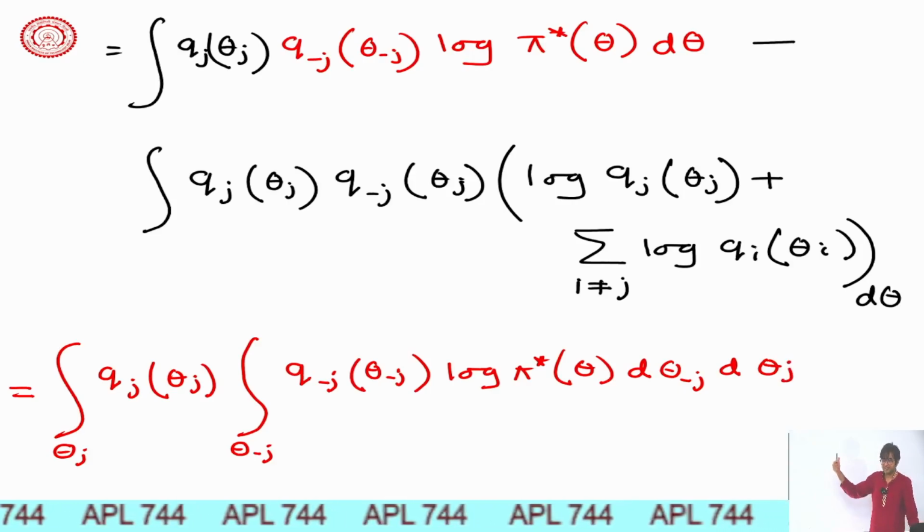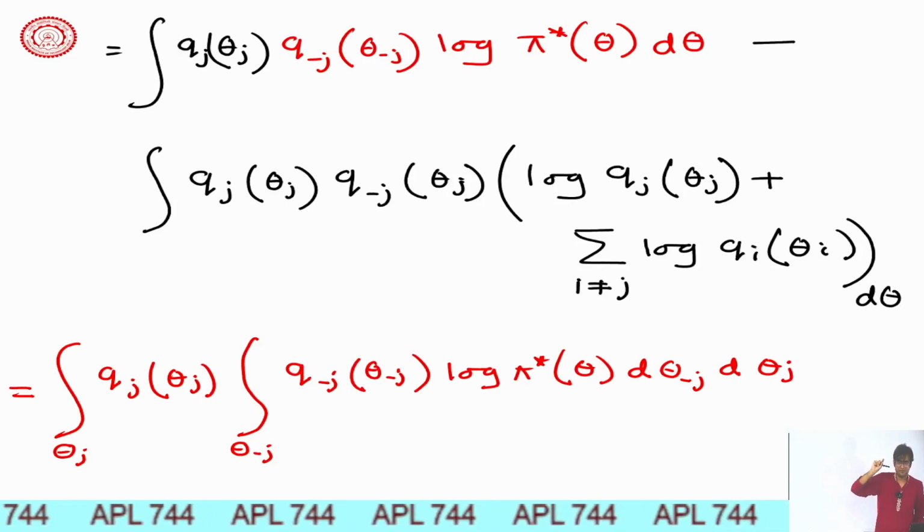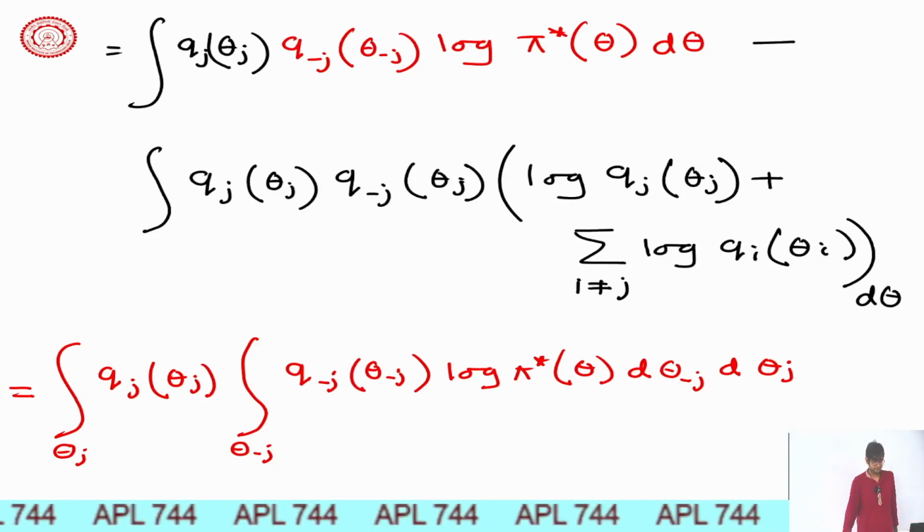Theta minus j is a vector, theta j is a scalar. When I say minus j, it becomes a vector of k minus 1 dimensions, whereas j is a scalar. Clear?